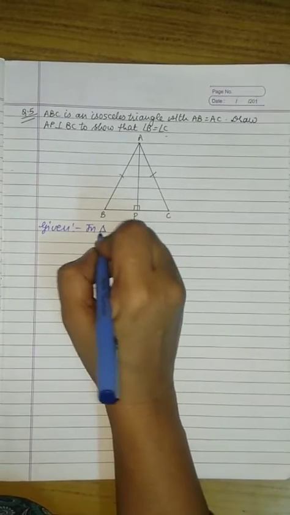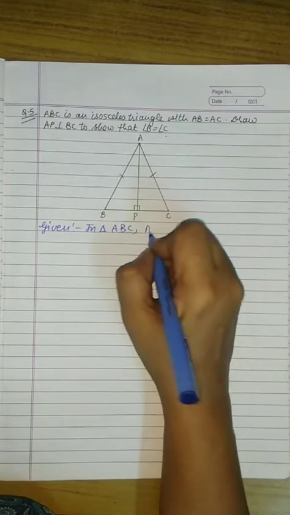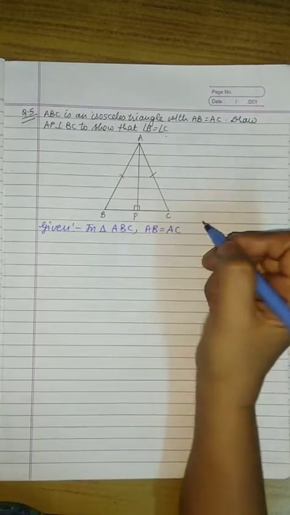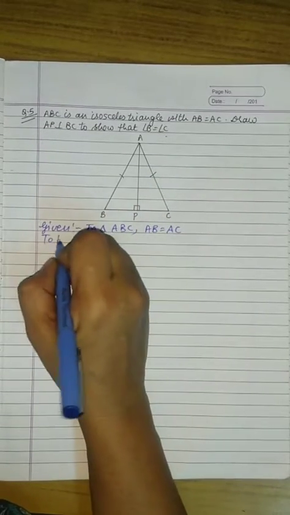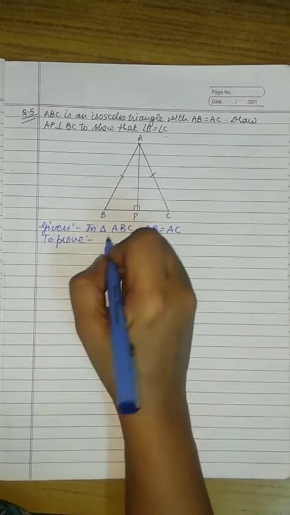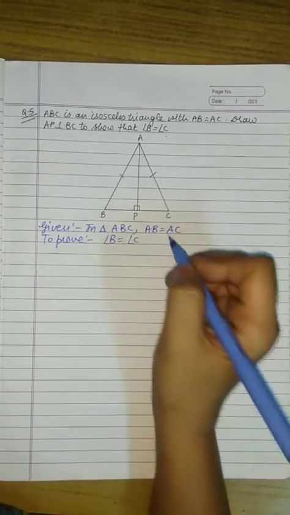In triangle ABC, AB is equal to AC. And what we have to prove? We have to prove angle B is equal to angle C.